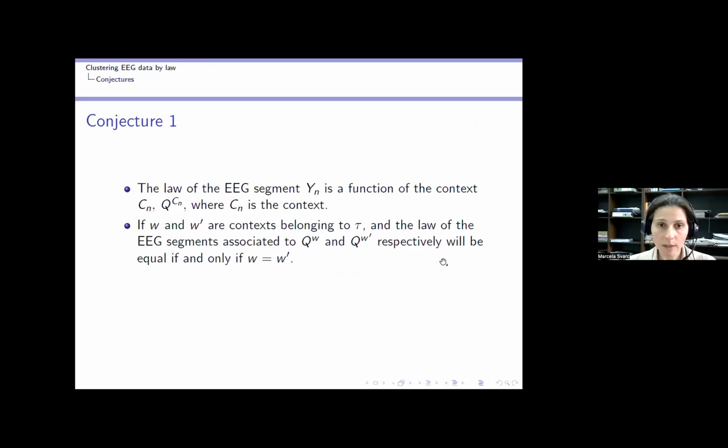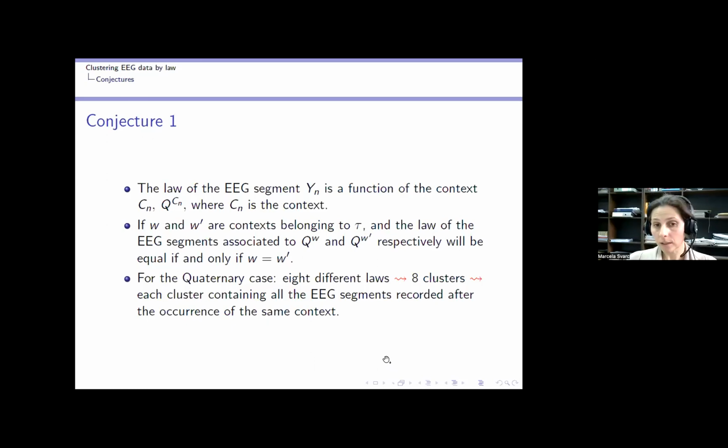The first conjecture was the one previously discussed, where the law of the EEG segments, which are functions in L2, is a function of the context that generated them in a certain way. In this case, if we have 2 contexts that belong to the same context tree, the law of the EEG segments associated to each of these contexts will be the same if and only if these contexts are the same. So what we are saying is that the final leaves of the context tree present different laws.